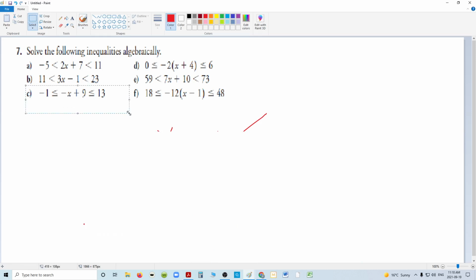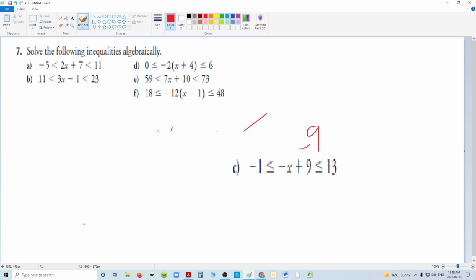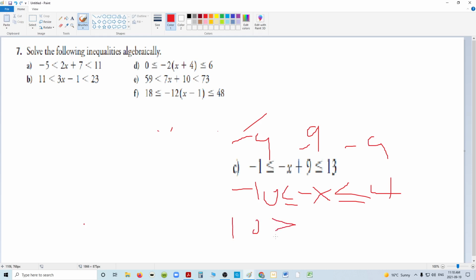Okay, what's going on in the middle here? I have a 9 being added to x. Whenever you're solving something algebraically, you kind of do it in reverse BEDMAS. So I'm left with minus 10 is smaller or equal to minus x, that's big deal, is smaller or equal to 4. Now I have to divide everything by minus 1, which is going to flip all these signs. So I'm going to get 10 is bigger or equal to x, which is bigger or equal to minus 4.